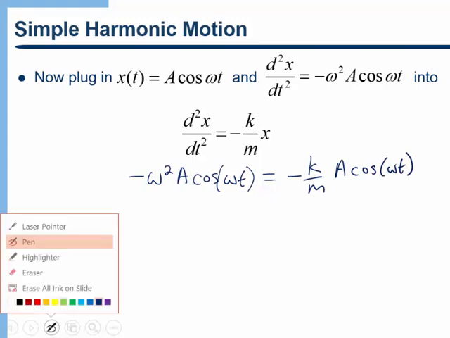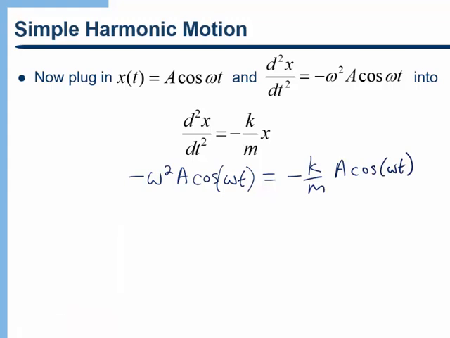If we look at this, you'll notice that a and a cancel, cosine omega t and cosine omega t cancel. And actually I can cancel out the negative signs too. What we get is omega squared is k over m.